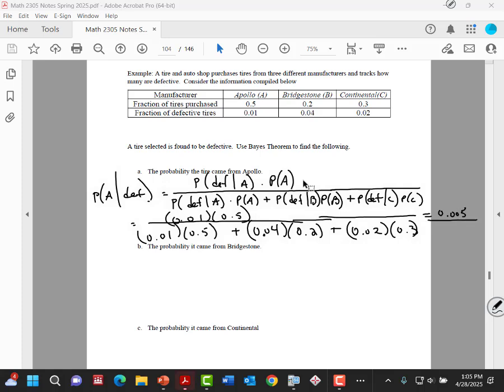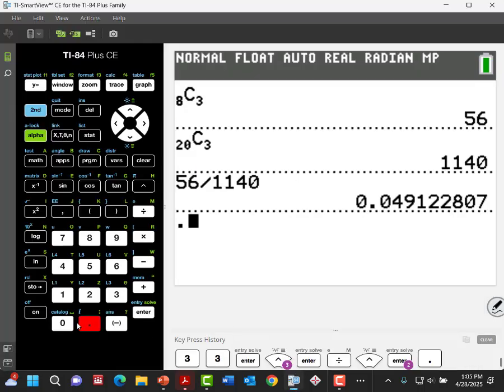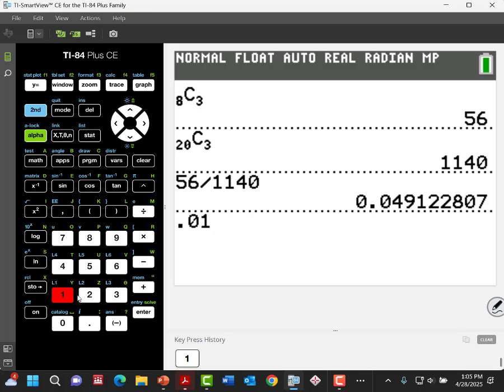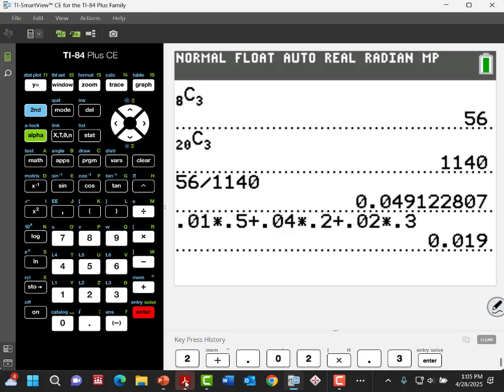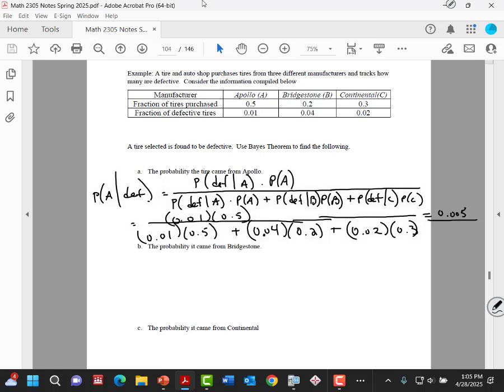over, and I'm going to compute this denominator out quickly. So this would be 0.01 times 0.5 plus 0.04 times 0.2 plus 0.02 times 0.3. I get this 0.019. So this is my number that's in the denominator. And I'm gonna put this number in a red box because we're gonna see him appear often.